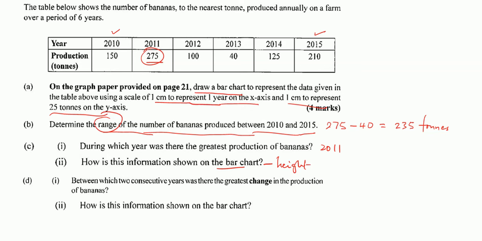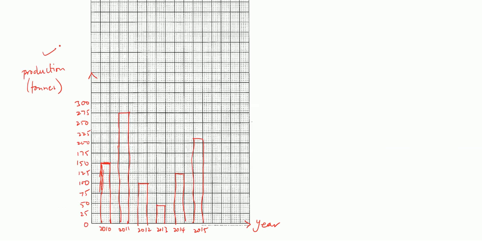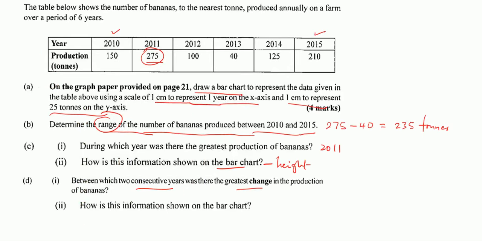The next part: between which two consecutive years was there the greatest change in production of bananas? You can just look directly at the bar graph, or on the exam paper itself, find the difference between consecutive years. Between 2010 and 2011, it'll be 275 minus 150, which is 125.